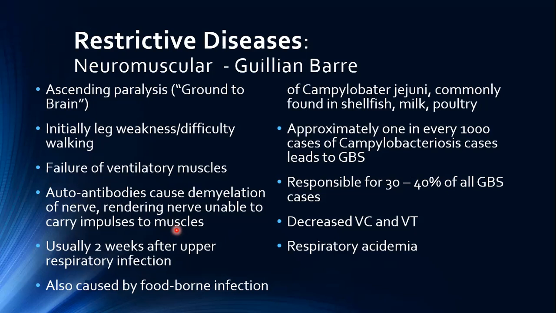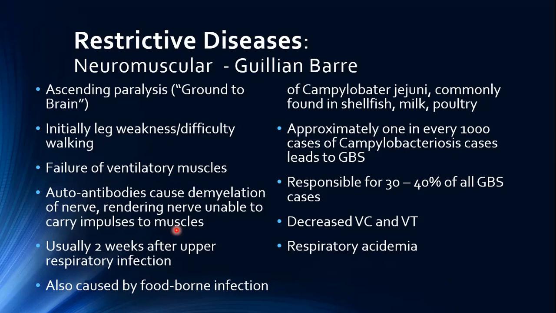Even the phrenic nerve. Remember, the phrenic nerve is the nerve that goes to the diaphragm. Well, if those antibodies are on the phrenic nerve and start eating away the myelin of the phrenic nerve, then the phrenic nerve can't fire to the diaphragm. And if there is no firing to the diaphragm, there's no breathing, okay? So that's what's happening with Guillain-Barre.